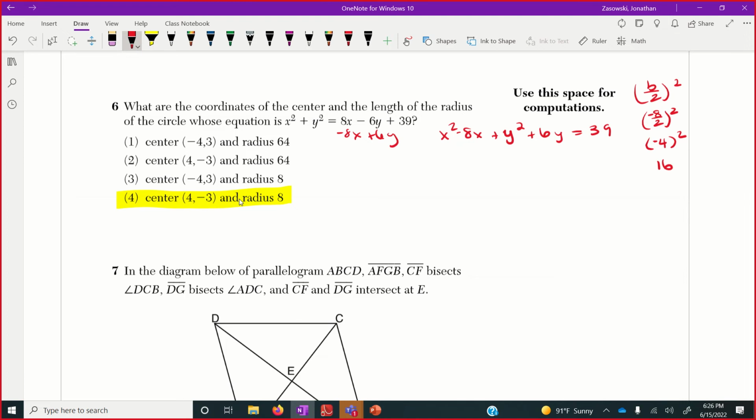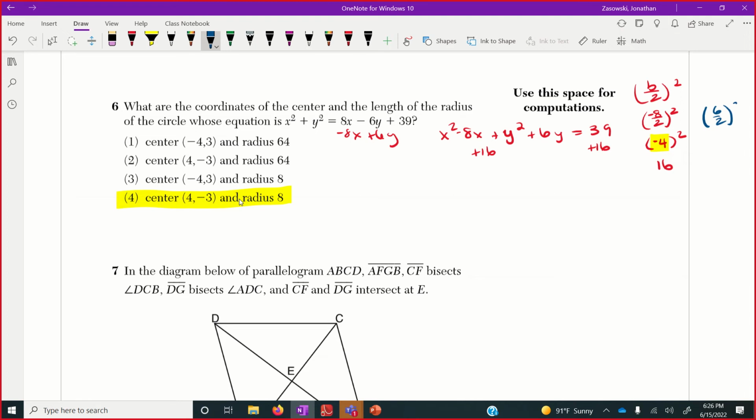Now this middle amigo is what actually goes in the parentheses here, but the 16 is what we add to both sides. So we're going to put a plus 16 underneath the negative 8x and put a plus 16 over to the 39. Then we repeat that process, this time with the b term for the y's.